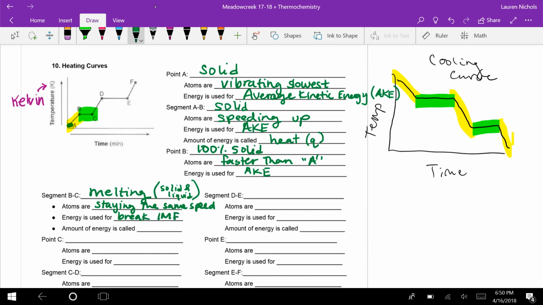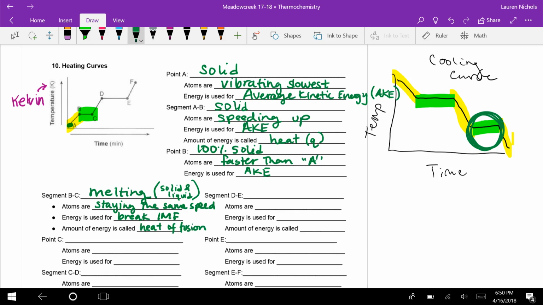If we are looking at the cooling curve equivalent, which would be this last green segment, intermolecular forces would be forming in order to become a solid. This amount of energy is called heat of fusion.